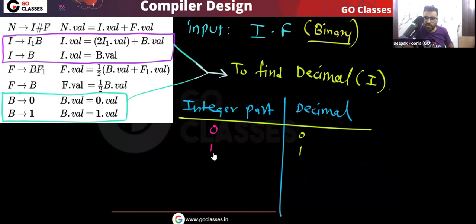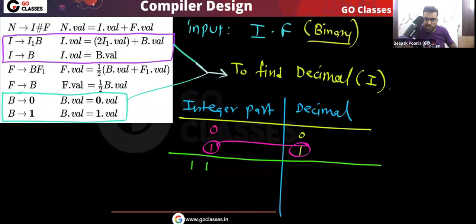Now tell me a simple point. If I do something like 1 1, then what does it mean? It means that whatever was the previous decimal value, you will multiply by 2 plus this value. Do you agree with me?